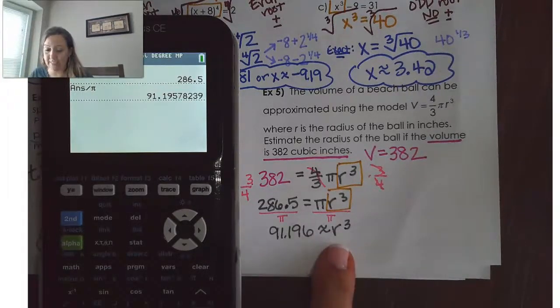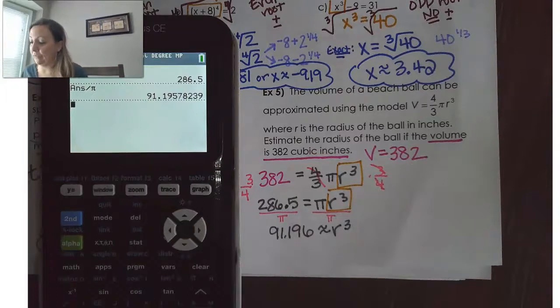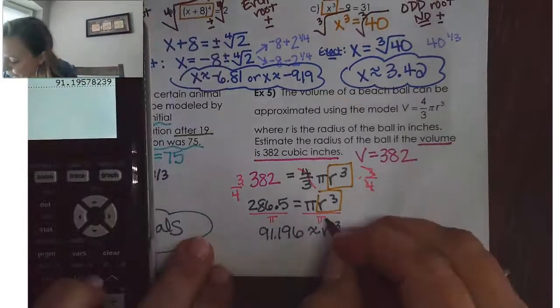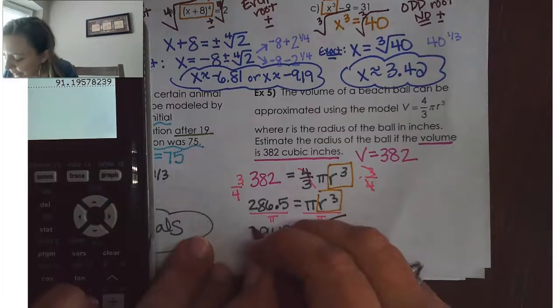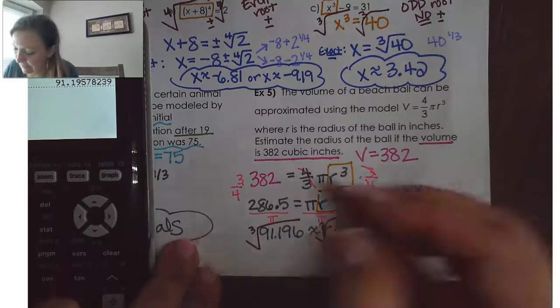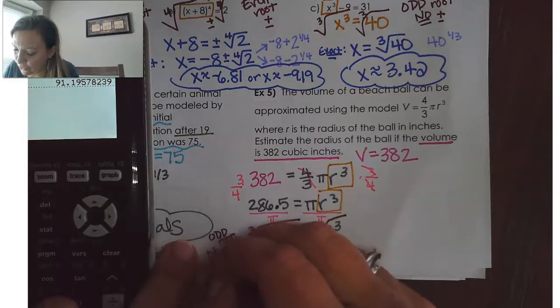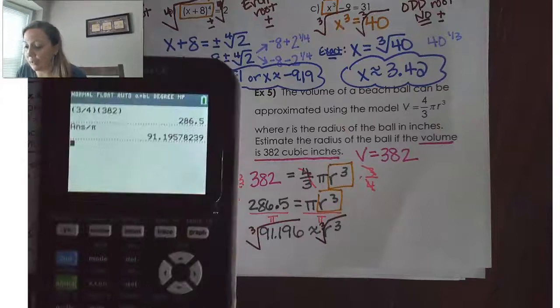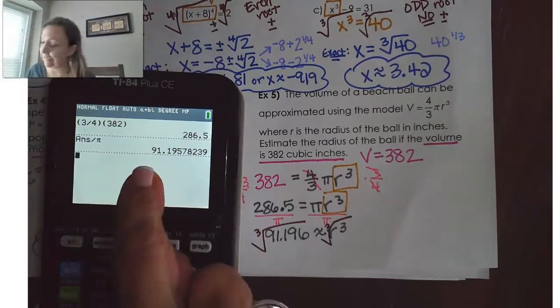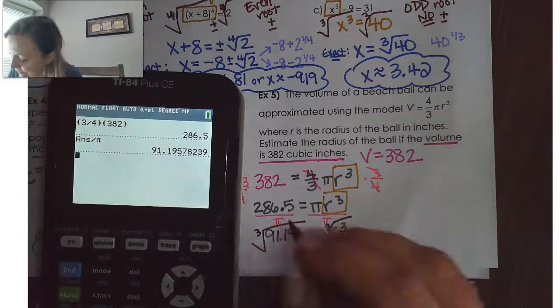Now that this is isolated, I can get rid of the cube by taking the cube root. Do we need a plus or minus? No, this is an odd root. There's no plus or minus. So I'm just going to take the cube root of this, which is really like raising it to the 1/3.